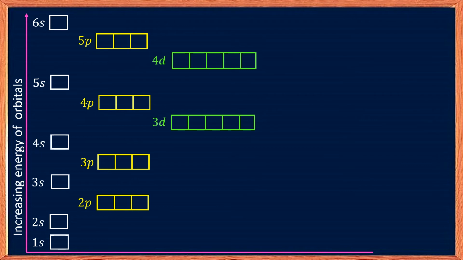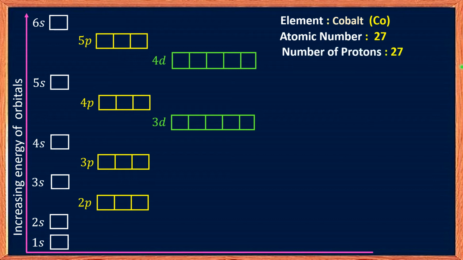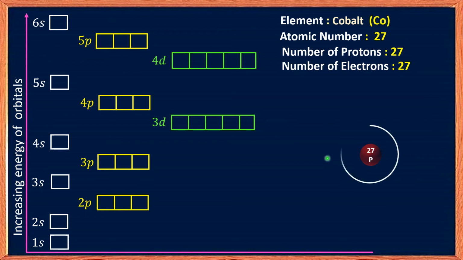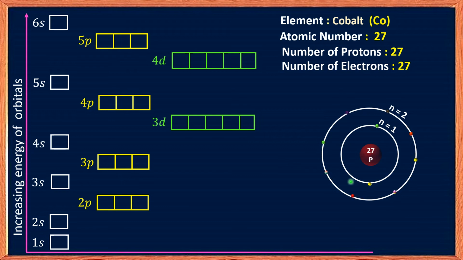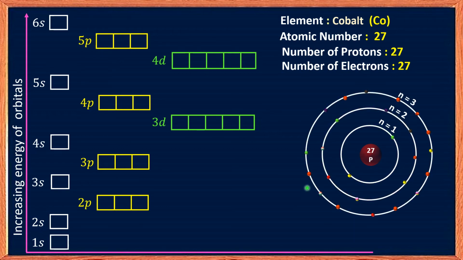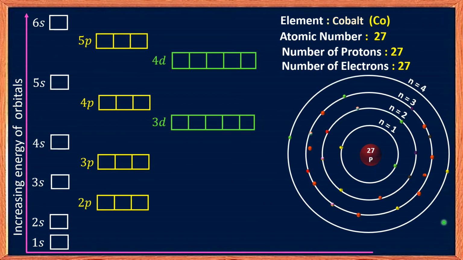The next element is cobalt. Its atomic number is 27, number of protons 27, number of electrons 27. So the nucleus of cobalt contains 27 protons and 27 electrons are revolving around the nucleus in different orbits. First orbit, second orbit, third orbit and fourth orbit.